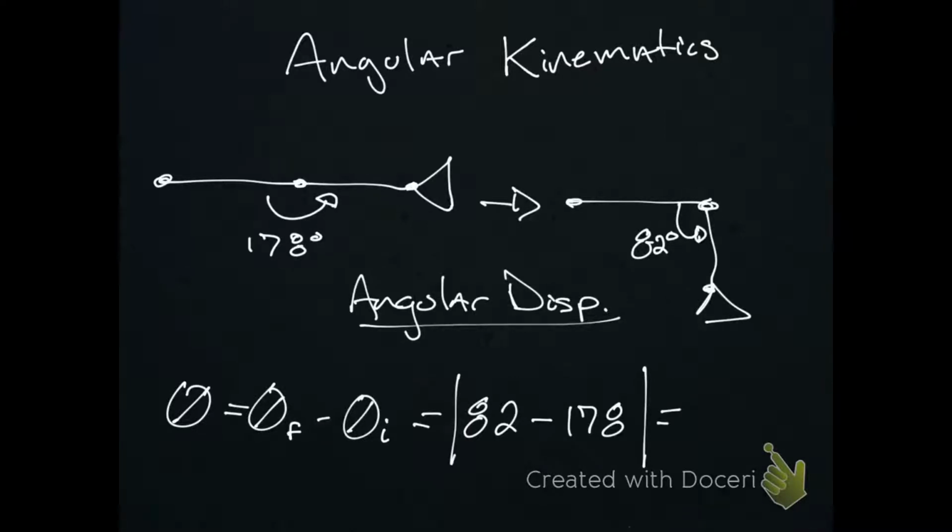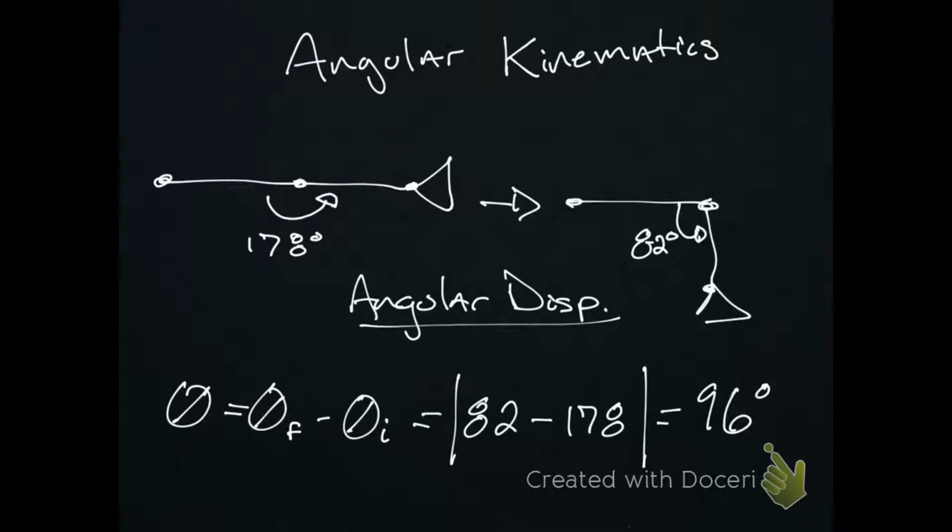And what we end up getting here is 96 degrees. It would have come out negative, but because we are using the absolute value, we want to use simply that distance away from zero, that is the 96 degrees.